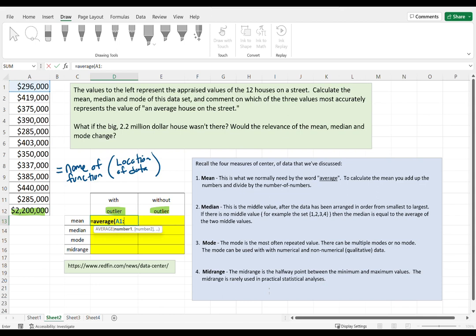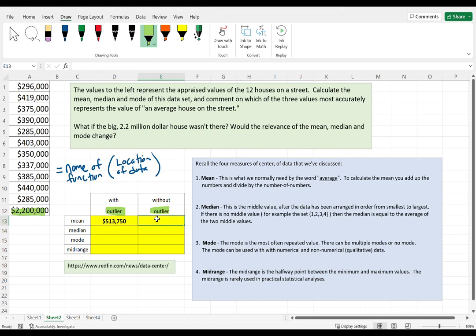So we'll use colon A12. I'm telling Excel that in this cell, I want this to equal the average of all of the numbers located in cells A1 through A12. Okay, so there's $513,750.